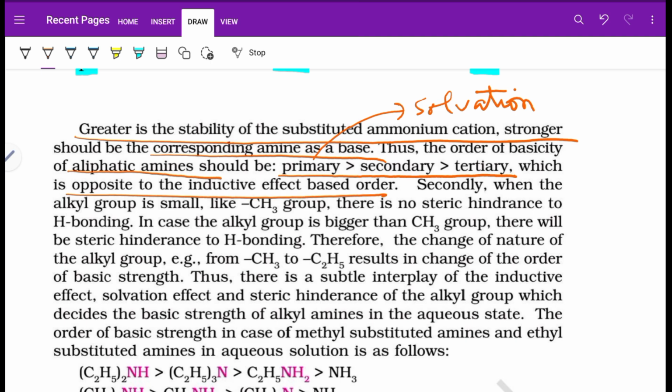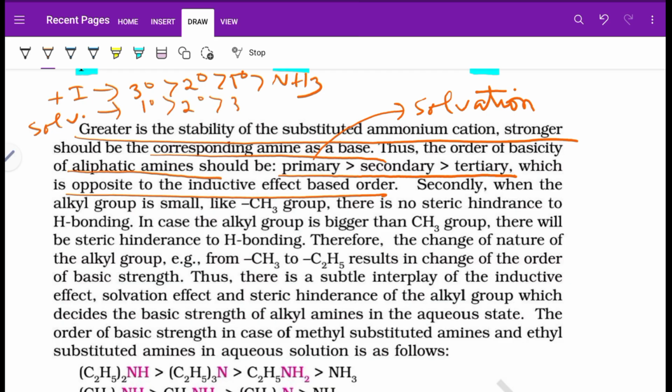So based on inductive effect, based on plus I effect, I will say a 3 degree has greater basicity than 2 degree, than 1 degree, than NH3 of course. But based on solvation effect, it is 1 degree greater than 2 degree greater than 3 degree of course.